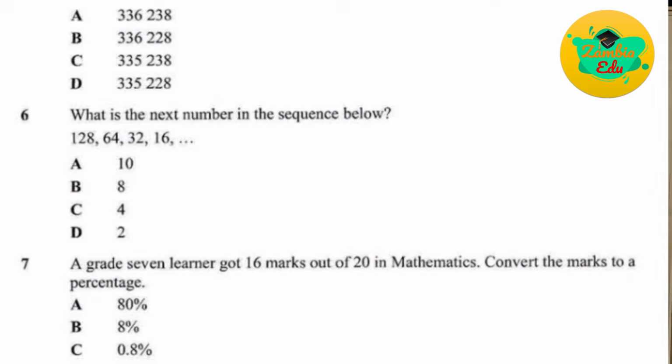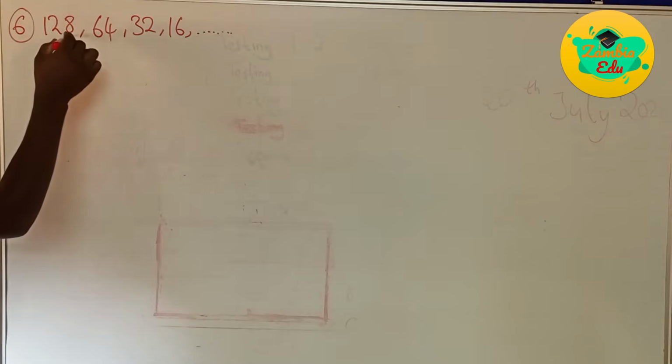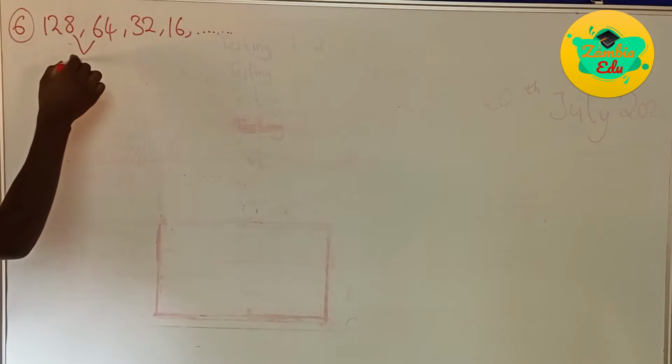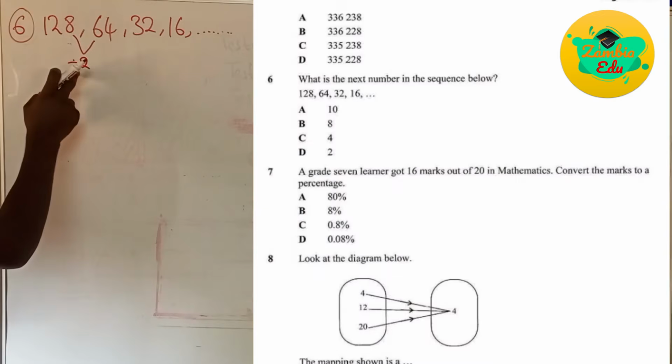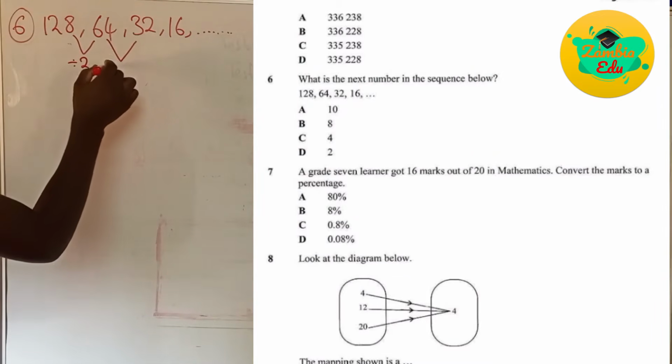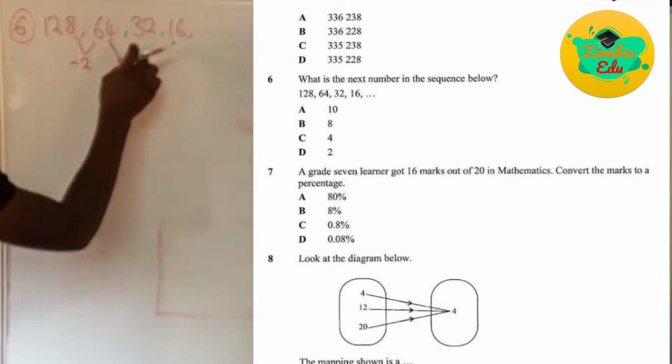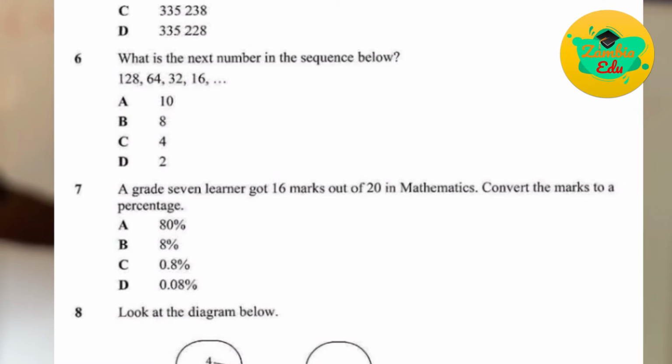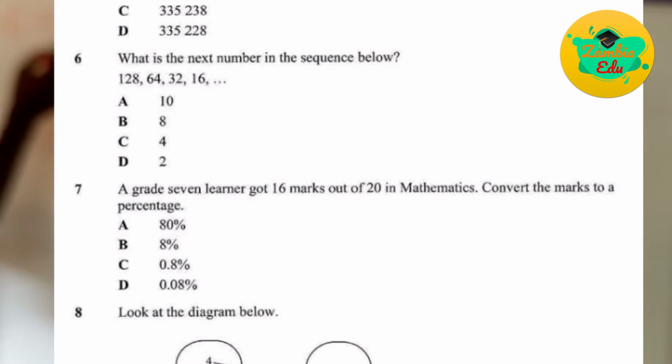Looking at this pattern, they were dividing by 2. 128 divided by 2 gives you 64. 64 divided by 2 gives you 32. 32 divided by 2 gives you 16. And 16 divided by 2 gives you 8. Option A is 10, option B is 8, option C is 4, and option D is 2. Therefore, our answer for question number 6 was B.